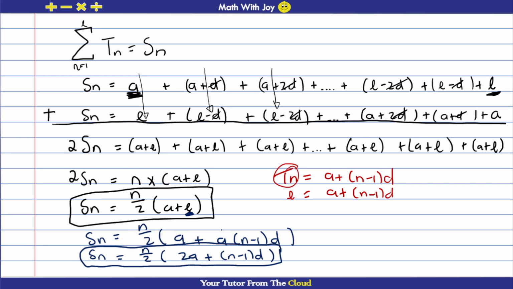Remember over here, sorry, I need to put a plus. Remember here you have an a, and an a gives you 2a, and then this term stays as it is. So these are the two formulae that we're going to use to work out the sum of an arithmetic sequence. Make sure you know how to do this proof on your own, because it is examinable.